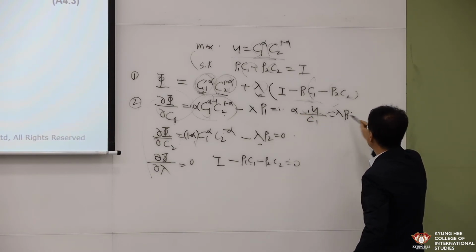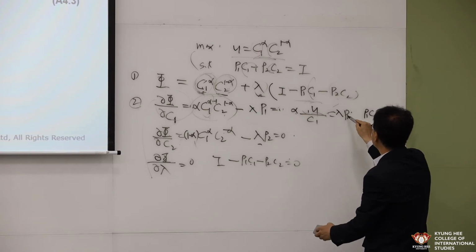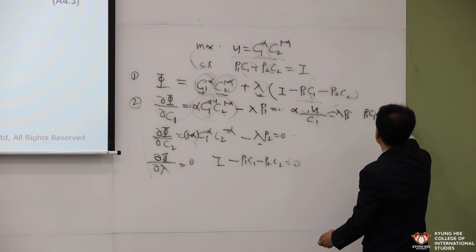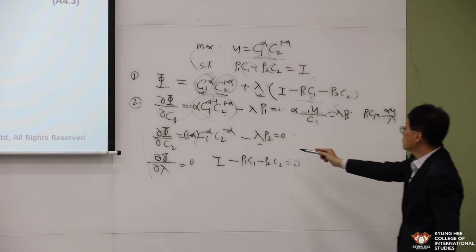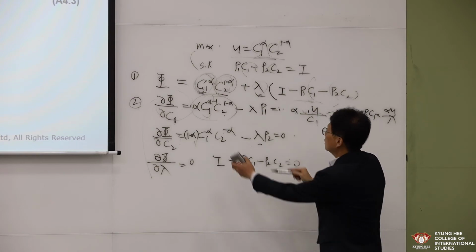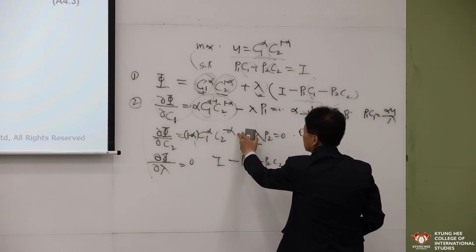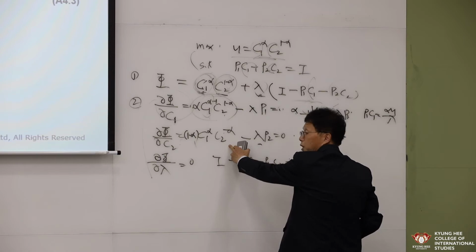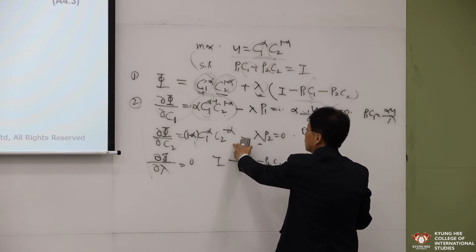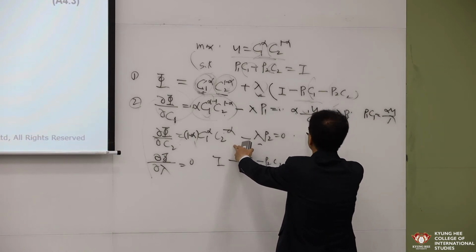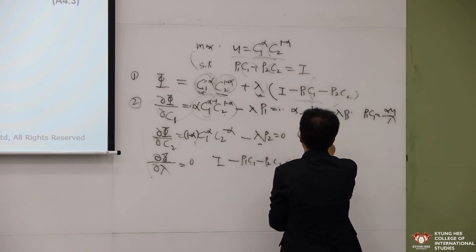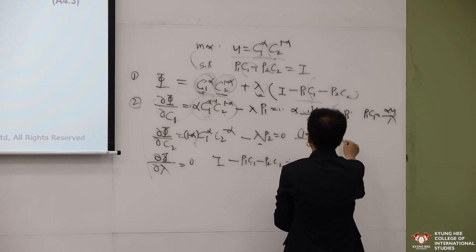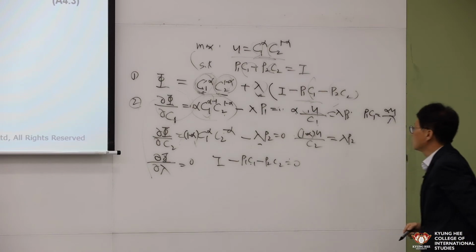So from here, P1 C1 is equal to alpha U over lambda, isn't it? And from here, rearranging this, C2 multiplied and divided at the same time, then we get 1 minus alpha U over C2 is equal to lambda P2.